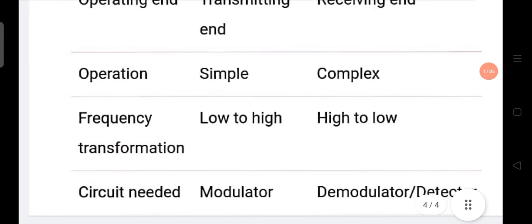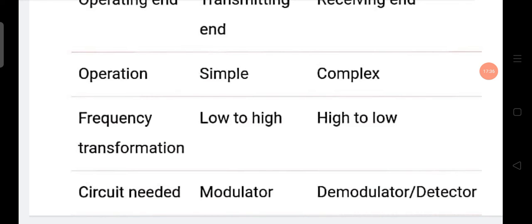Now, modulation operation is simple. Demodulation operation is complex because it's related to radio frequency extraction. Then frequency transformation. In the transmitter, low frequency is converted to high frequency.